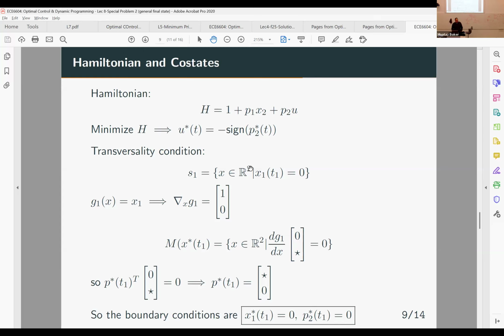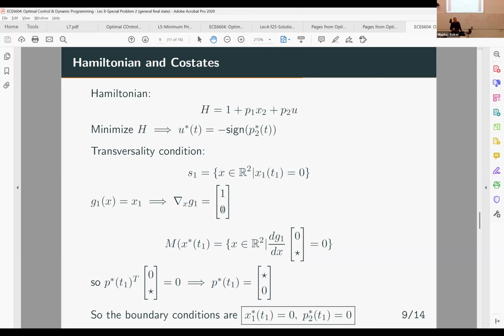From this set, we define a manifold. That manifold is G1 of x, which is just x1, because it's a constant. The gradient of this G1 with respect to x is 1 and 0.